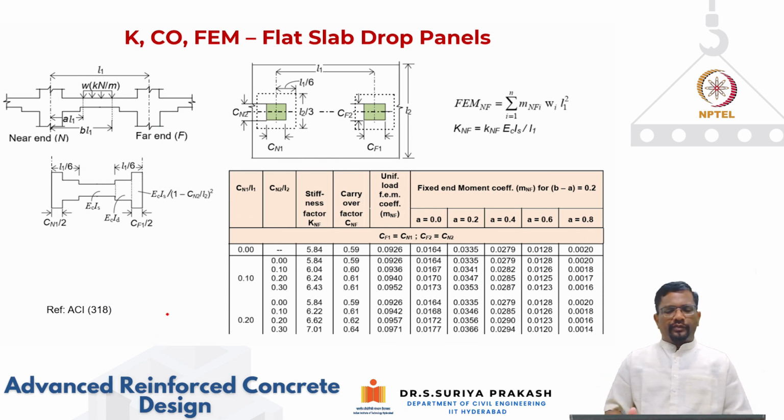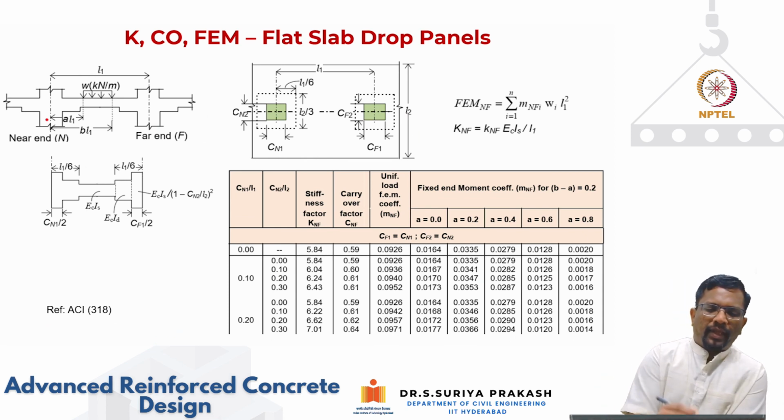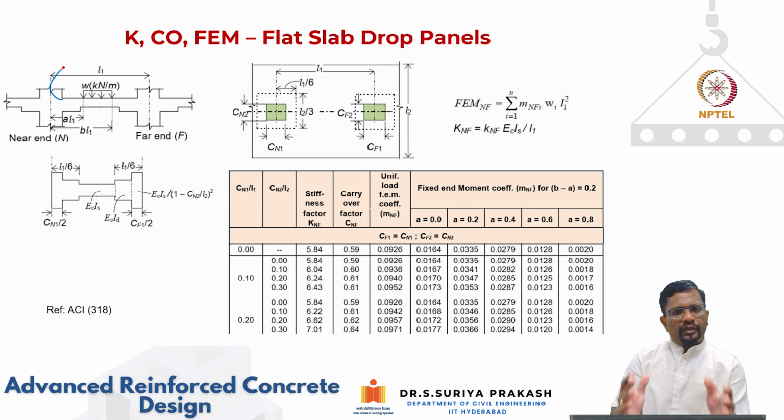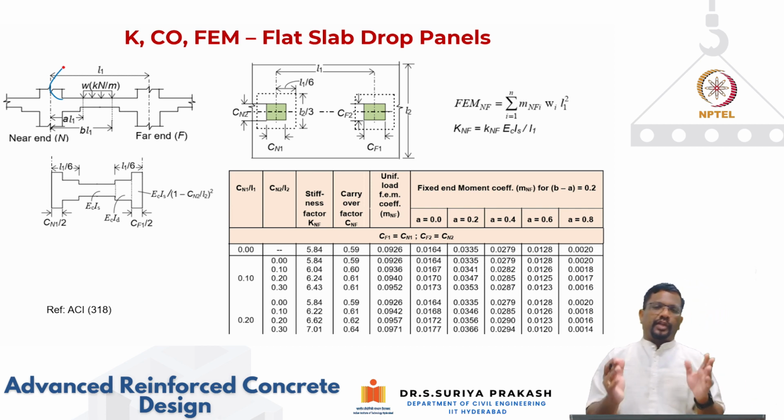So the next variation is you can also have a flat slab system, so you have a drop panel. In the same way, the first case we looked at was a flat plate. Now we are looking at a flat slab because it is having a drop panel. Now again, the drop panel dimensions I have to standardize.